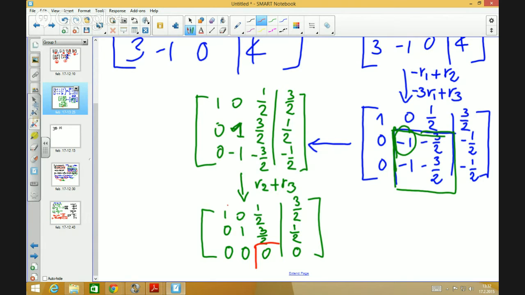These are the leading ones. And the number of leading ones in a matrix in row echelon form is called the rank of the original matrix. The rank of the matrix that we started from is 2 because its reduced row echelon form has 2 leading ones. That's the number of leading ones.